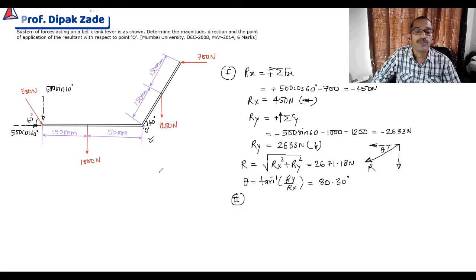That means now we'll find the moment about point O. If we find the moment of the first one, the 500 force, you will get two components. So the moment of 500 cos 60 is what? 0, because the line of action of 500 cos 60 passes through point O. For the moment of 500 sine 60, how will we decide if that moment is clockwise or anti-clockwise?